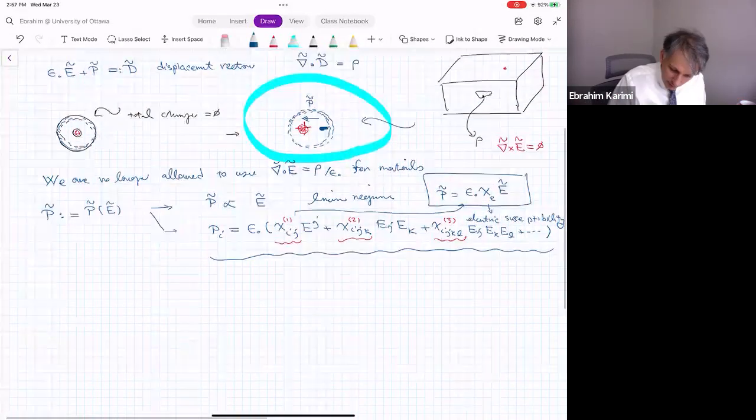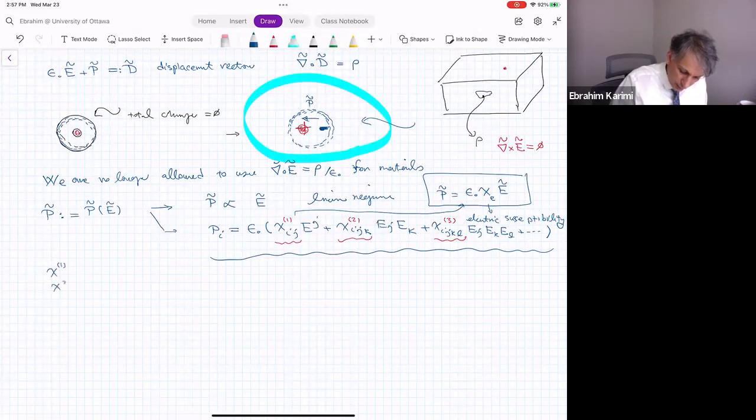So the first case, remember chi1, chi2, and chi3, etc. Usually, if you go to a higher level, chi-n is smaller than the other terms. Okay? So the higher terms are usually way smaller than the first terms. Some of them may not exist.